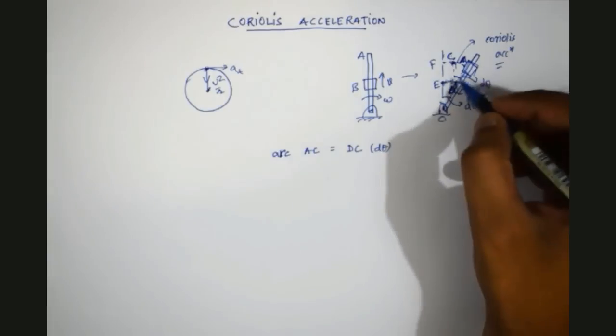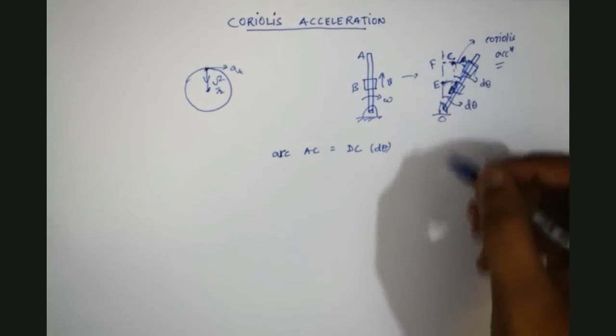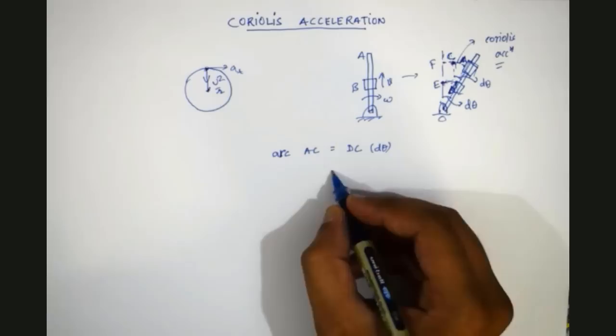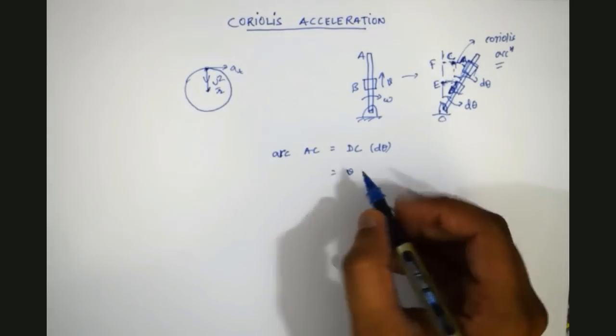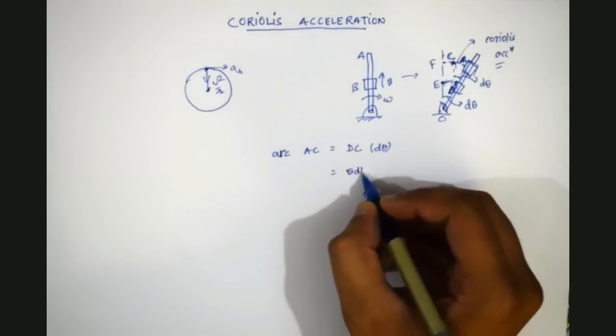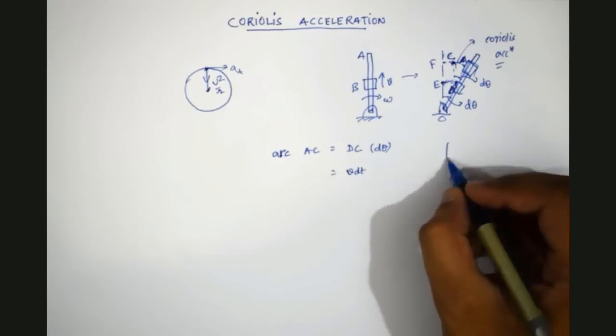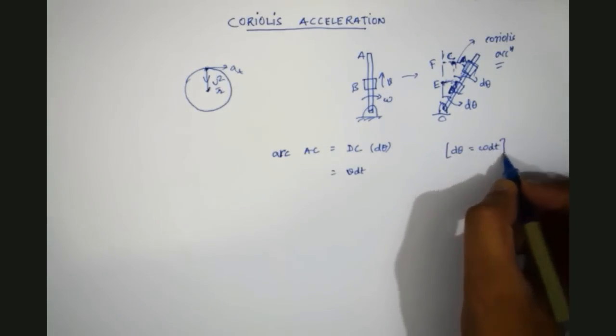So now what is this DC? This is distance, and distance is equal to velocity into time. For small time, velocity of the slider is v, and the time taken by the slider to come here is dt. Now what is d theta? D theta is given by omega into dt for small time.